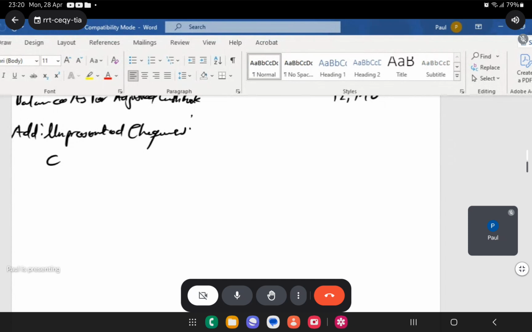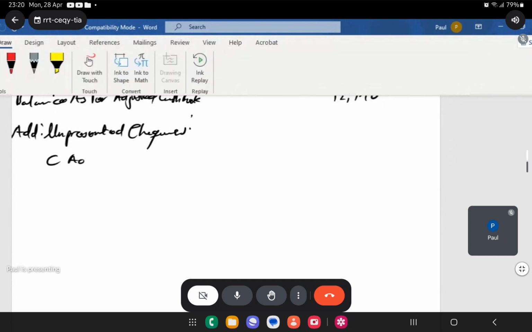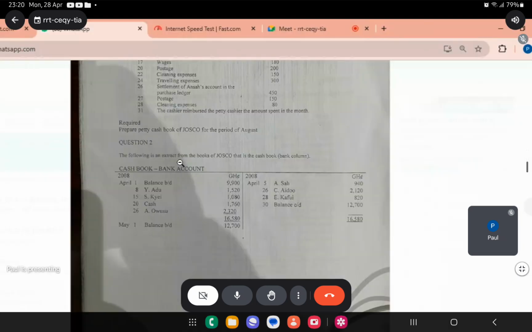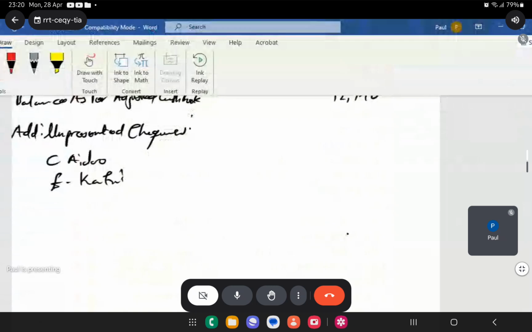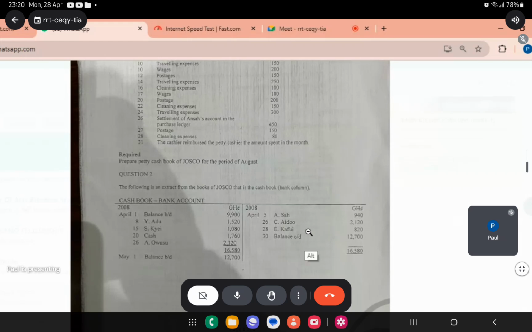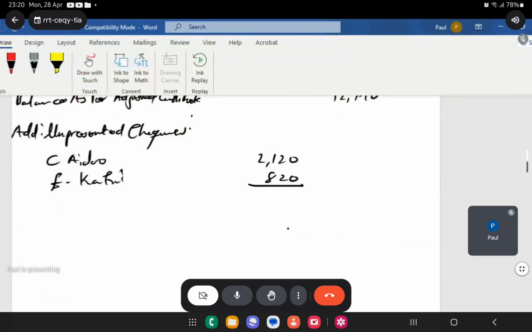So CADU is 2,120 and ECAFU is 820. If there were wrong credits, we would have added them to unpresented checks, because I told you that wrong credits should be added.